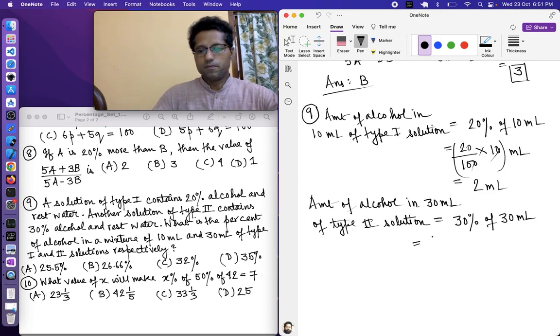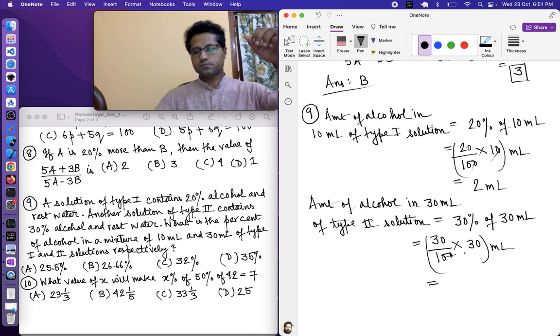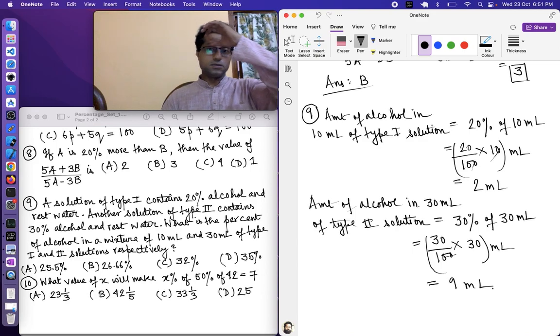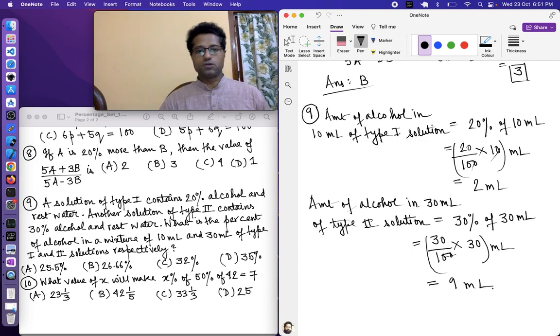This is equal to 30 by 100 multiplied by 30 ml, since of operator means multiplication. This is equal to 9 ml. So 30 ml of type 2 solution contains 9 ml of alcohol.